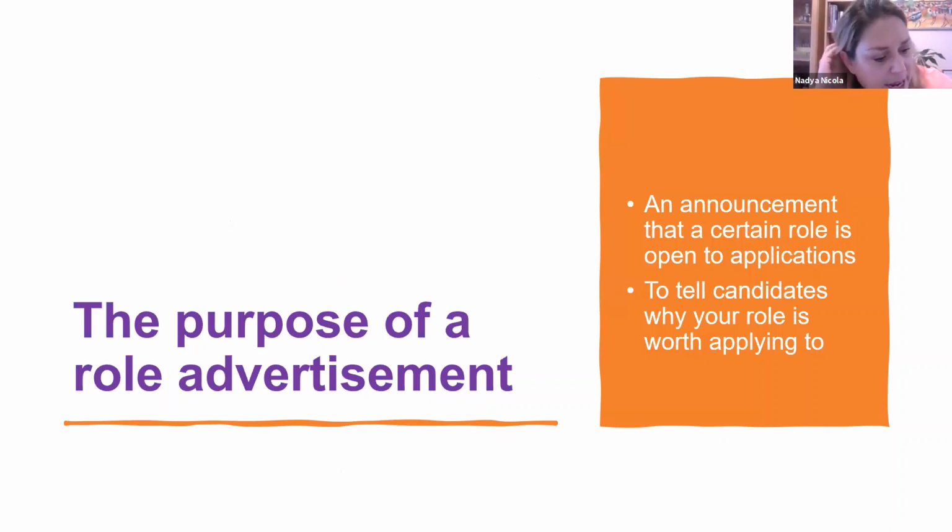I have seen some communications from various charities that talk about all sorts of magical things that a job ad, or a role ad, is meant to achieve.